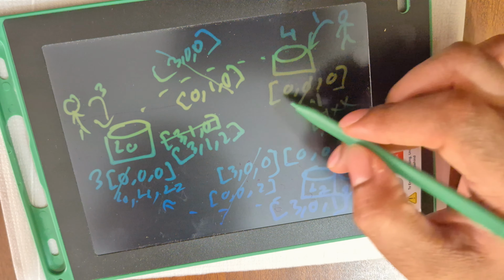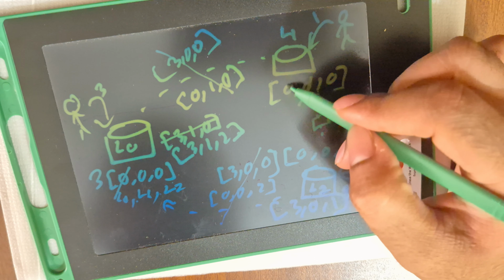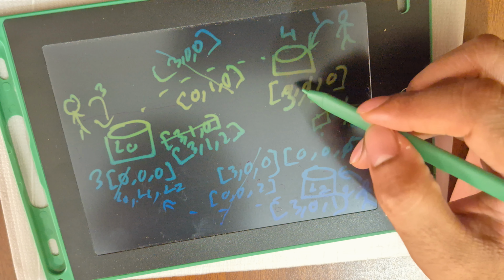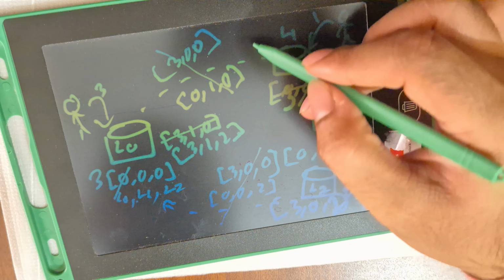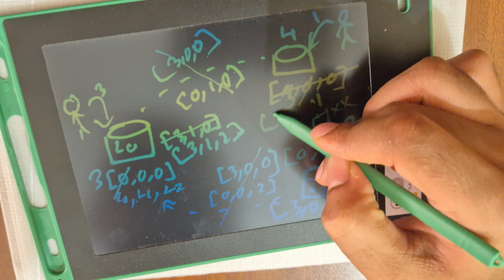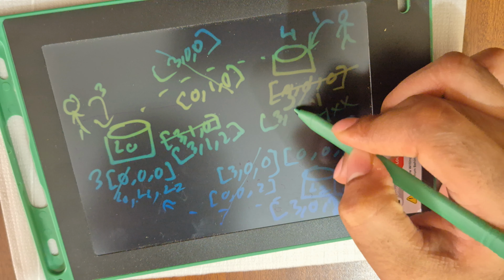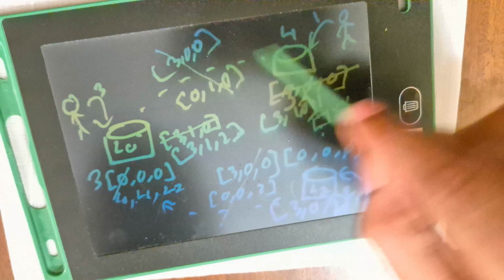And this becomes 3 comma 1 comma, sorry, this is 2, and this becomes 3 comma 1 comma 0.